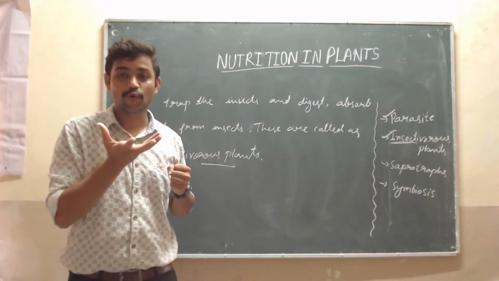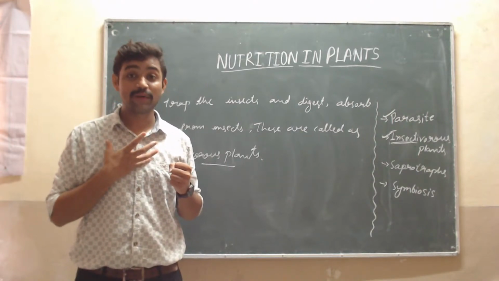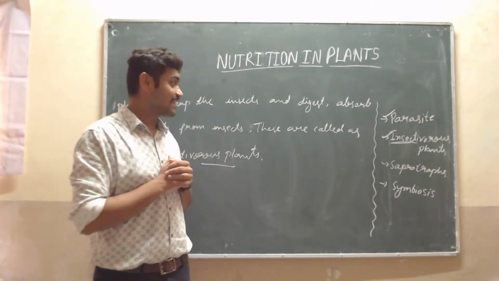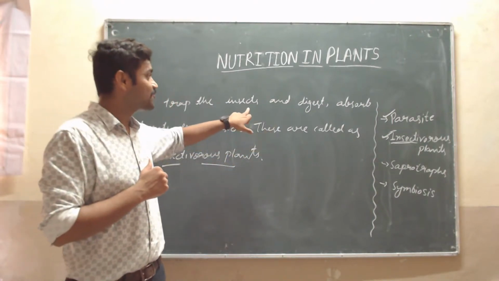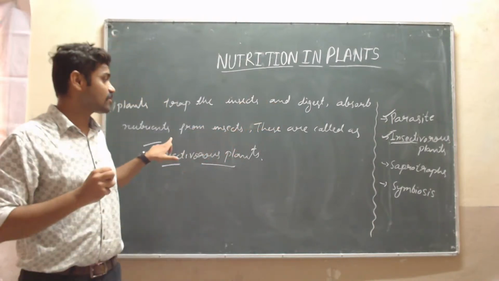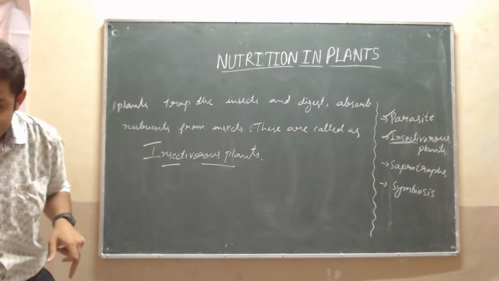If we want to grow, we harm plants, isn't it? Like that only, the insectivorous plants also trap the insects, digest them and get nutrients from the insects, then they can grow. How? I will explain here.